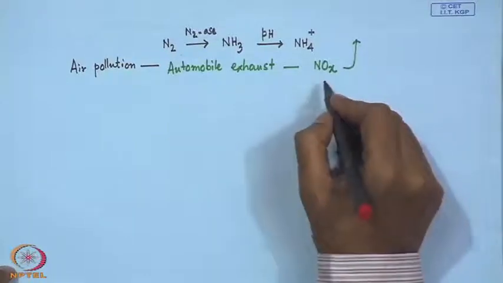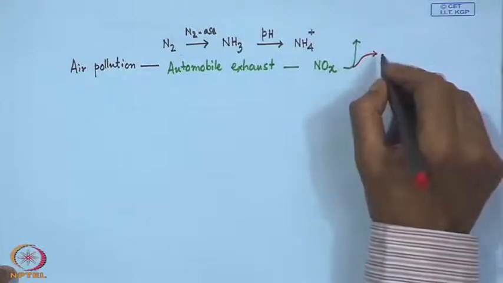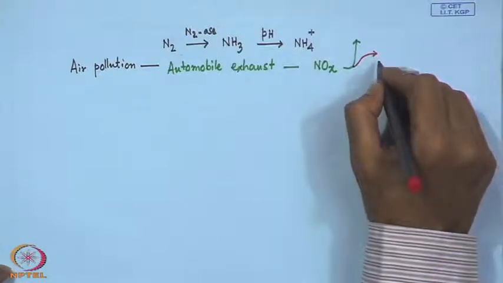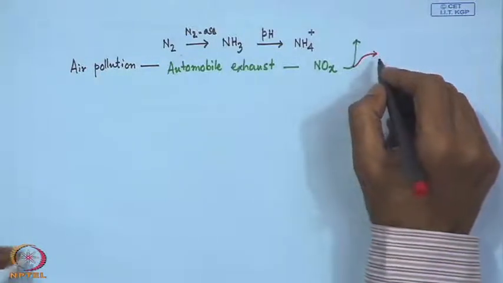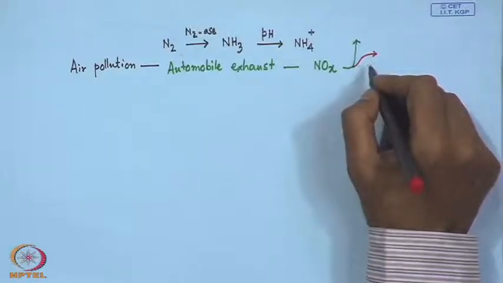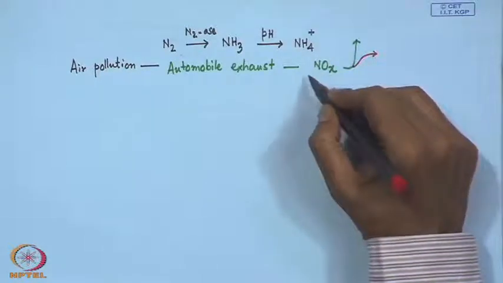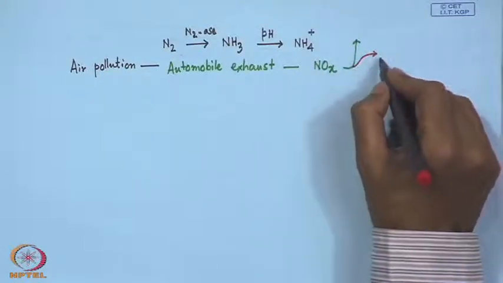Through some biochemical reactions, and some environmental reactions also, because in the upper atmosphere, in the stratosphere, some photochemical reactions are also taking place based on the nitrogen, oxygen and the available nitrogen oxides.